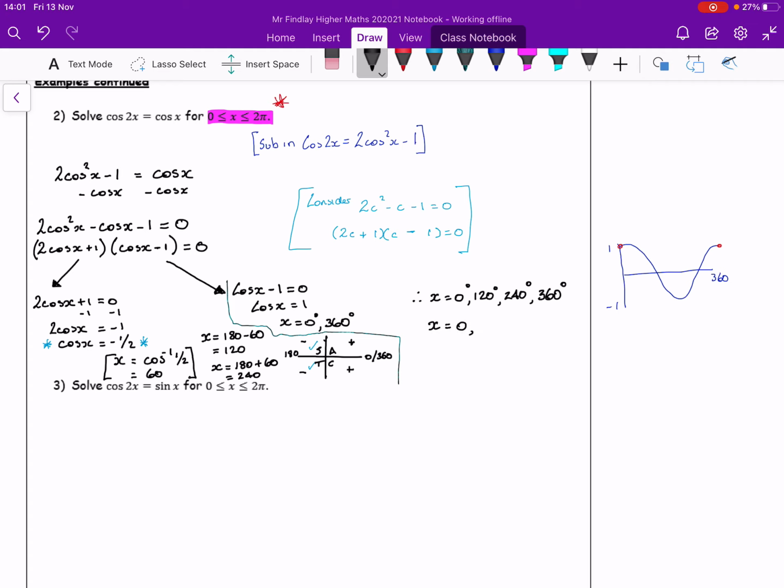We have 0, 2 pi over 3, 4 pi over 3, and 2 pi. Okay, that was very, very quickly changed. May need a wee bit of reminder in radians and a wee bit of work on the side if that's required. So 4 solutions within radians.